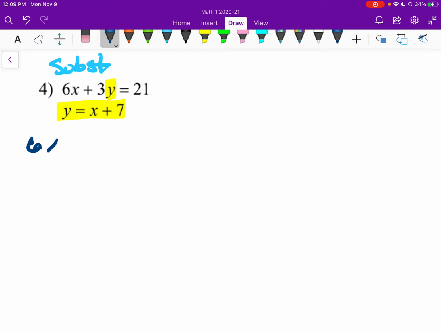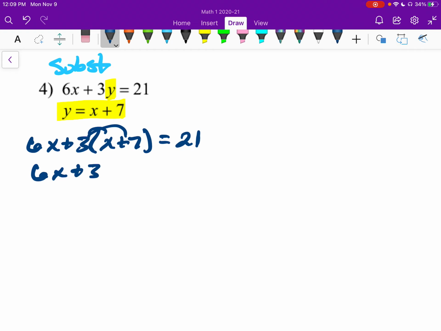So I'm going to have 6x plus 3 times the quantity x plus 7 equals 21. I distribute my 3, and I have 6x plus 3x plus 21 equals 21. So 9x equals 0.